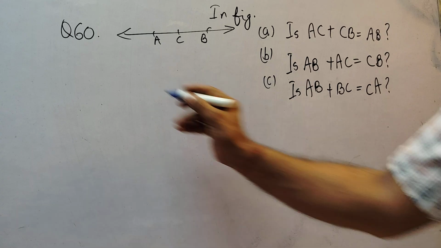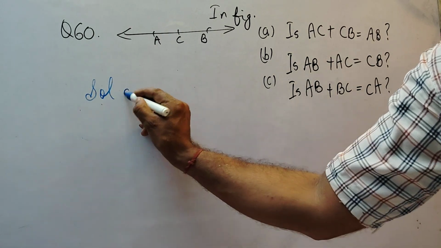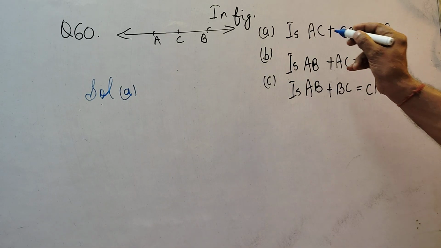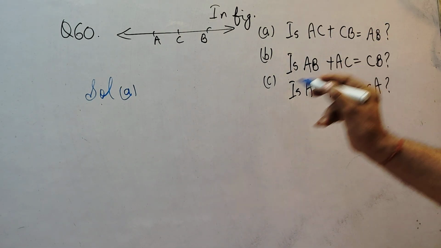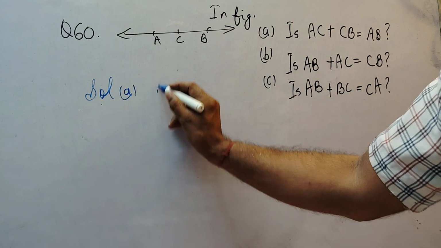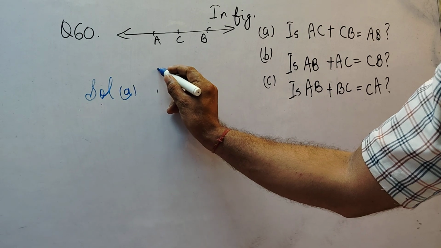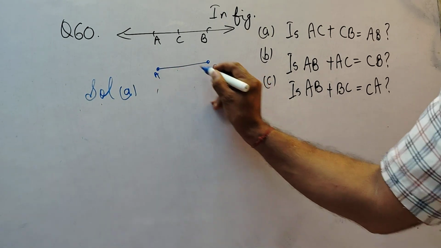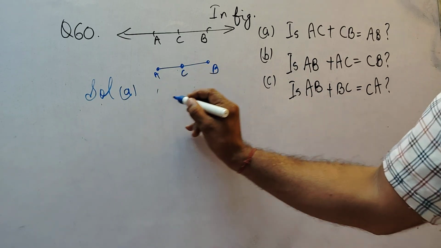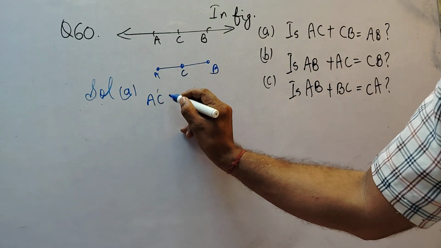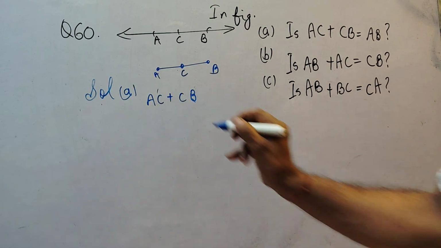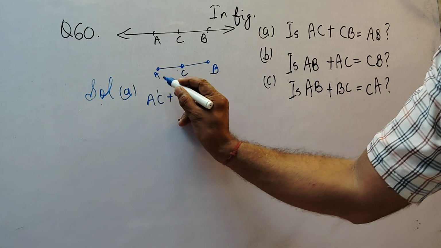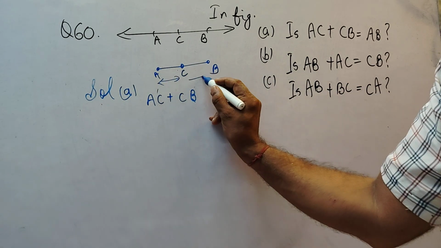Now let us write the solution. Solution of A part: AC plus CB. In the line segment, A and B are the endpoints and C is in between. So AC plus CB are the two parts of this.